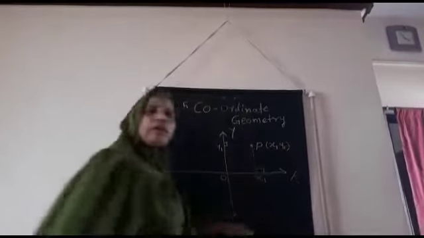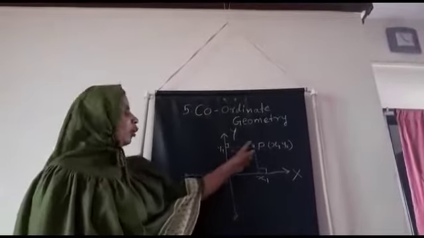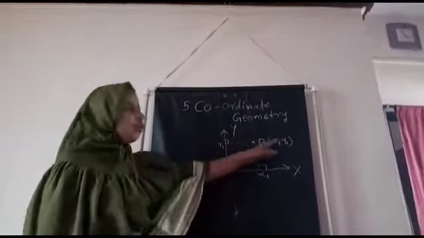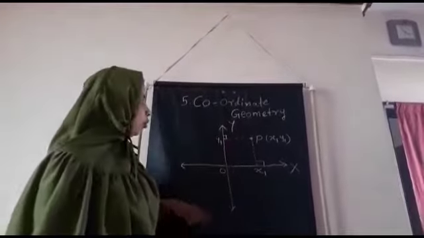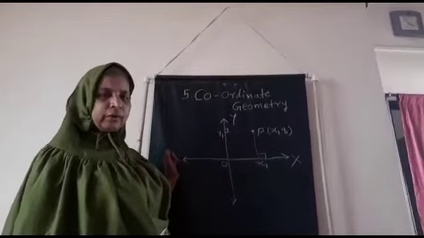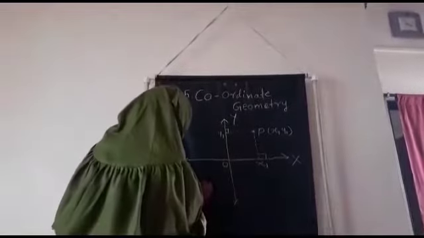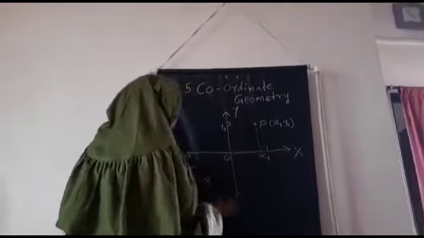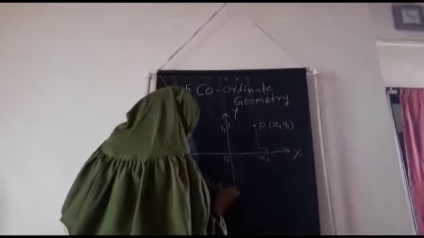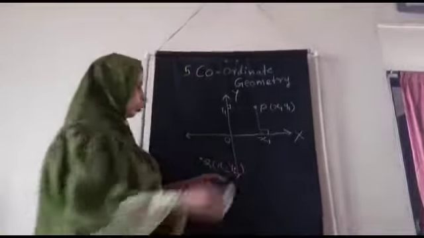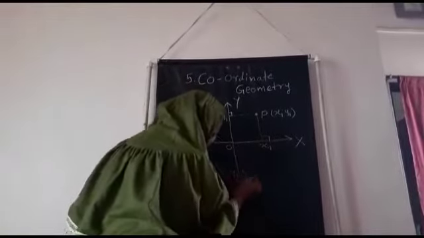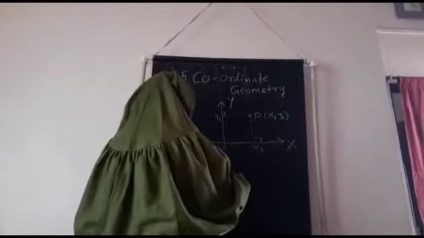That is any real number. So in this way we can look at any point in the plane and find out its coordinates by drawing perpendiculars on both the axes. Now if more points are present on the plane, for example if point Q is present here, which has the coordinates x2, y2, another pair of real numbers, and if we join points P and Q by drawing this line segment, we get the distance PQ.